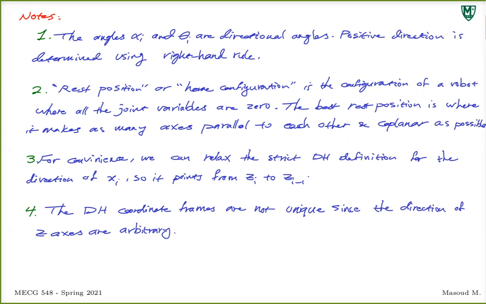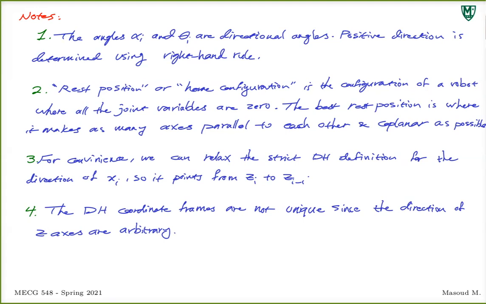We always say, well, this is zi minus 1. So this rotation theta i should happen about zi minus 1. Now, when we get to the base frame, the one on the ground, there is nothing before that. So then it becomes a little tricky.